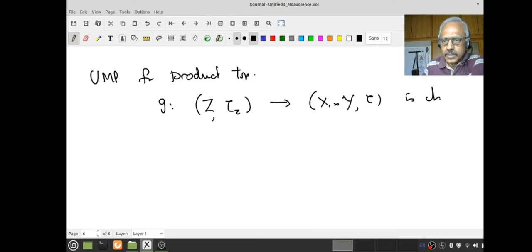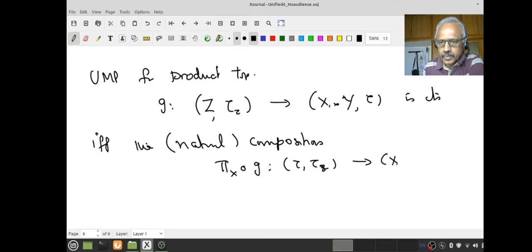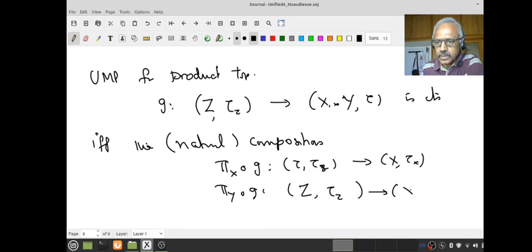This is continuous if and only if the natural compositions, what are the natural compositions, pi x composite G from (Z, tau Z) to (X, tau X) and pi y composite G from (Z, tau Z) to (Y, tau Y) are continuous.